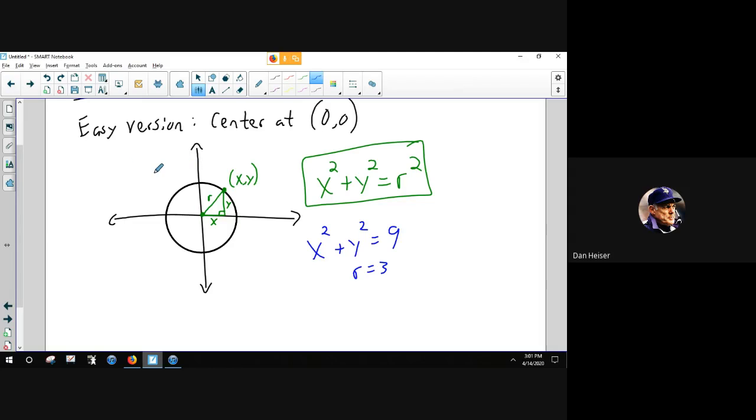The short version is, you may remember something called the vertical line test, where if a vertical line goes through a graph and it hits more than one point, then it's not a function.